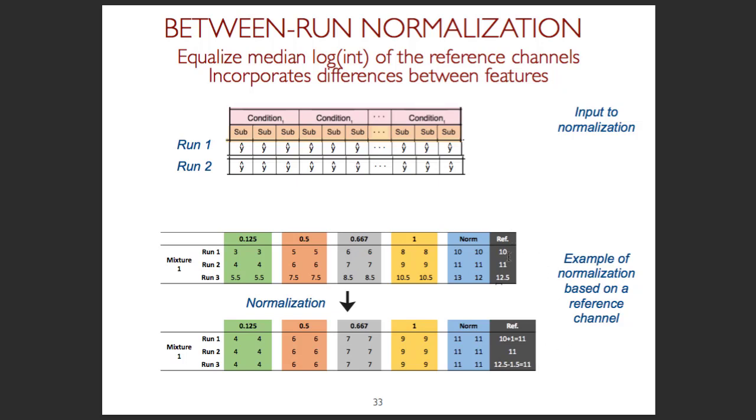So the idea here would be that we would equalize the intensities of reference channels between the runs, and apply the same shifts to the endogenous intensities in the corresponding run. So using reference channels for normalization after summarization. And again, Ting tried to do this before, and we found that doing this after summarization gave more accurate results.